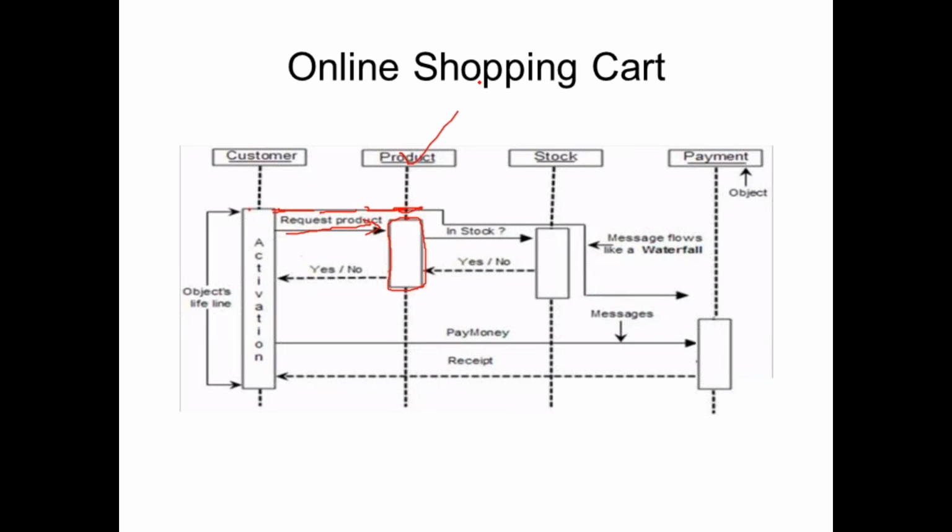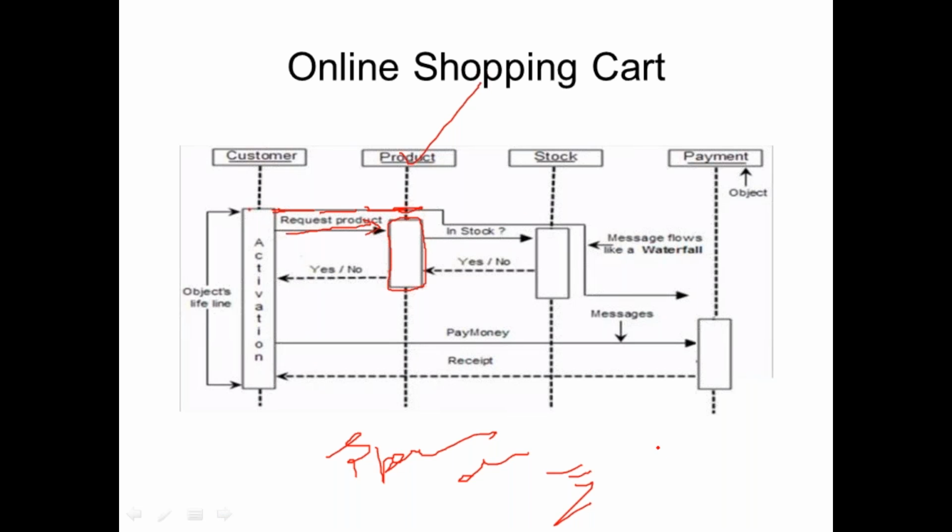The product object has all the product related information, product specifications and dimensions, and all the in and around details.